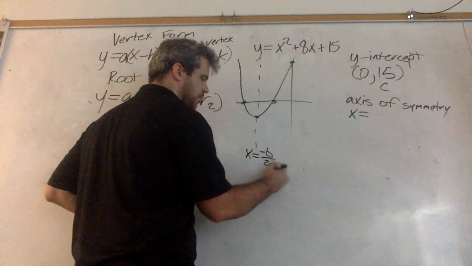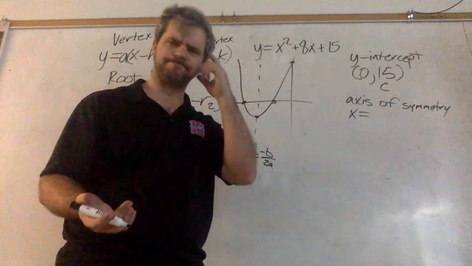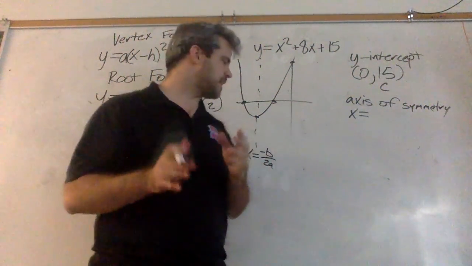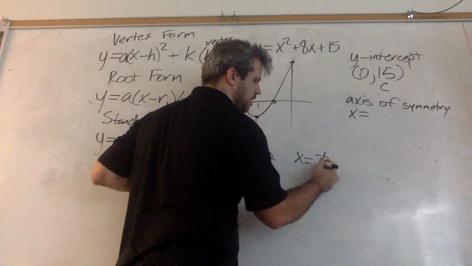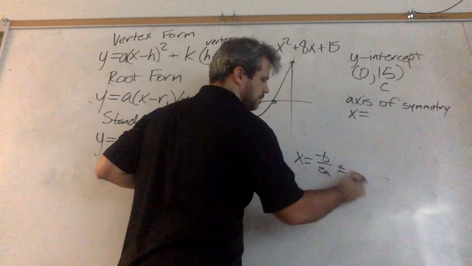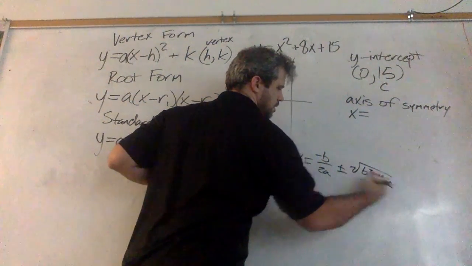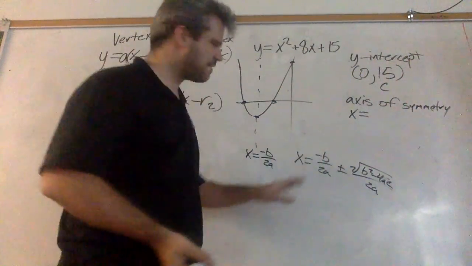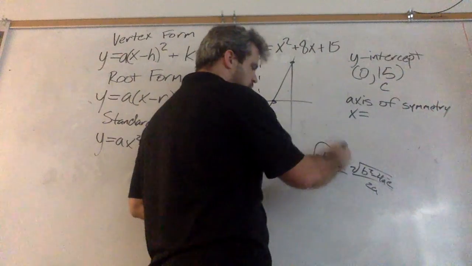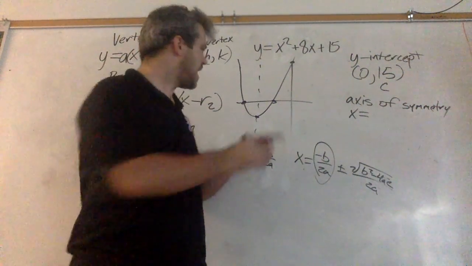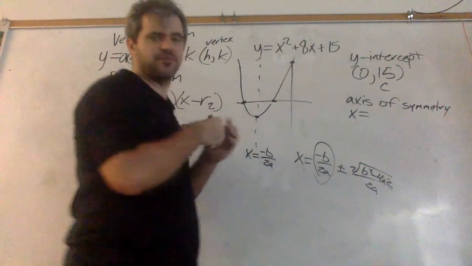negative b over 2a. Well, does that look familiar? Turns out this is from the quadratic formula, x equals negative b plus or minus. Now, I've split it up so you can see this a little better. You'll see we've got this value, and then we're adding to it, and we're subtracting from it.